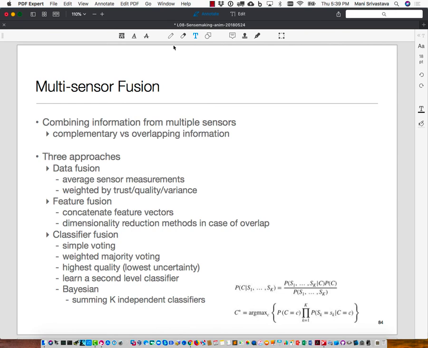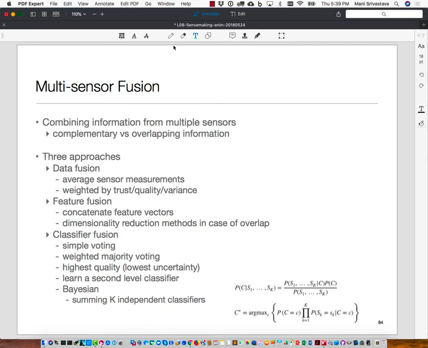And the final one is we actually don't do any fusion of sensor data. We make independent decisions from each sensor and then combine the decisions. So each sensor is saying something about the activity. One sensor is saying, oh, this guy is walking. Another says, oh, the person is standing. Another one is saying, oh, this is walking. I can take these decisions and fuse them. I can use voting. I can do some sort of weighted voting.